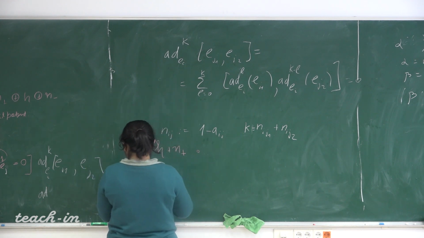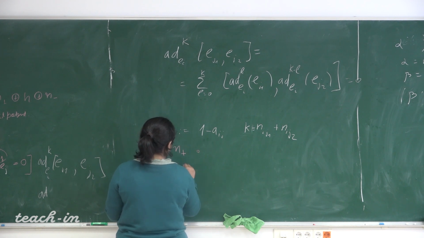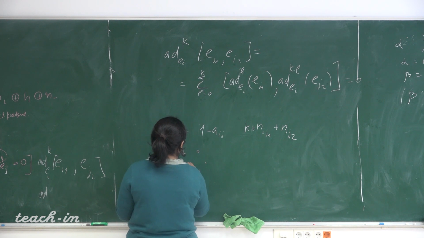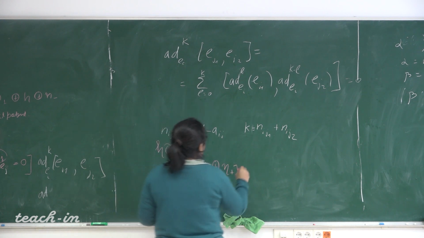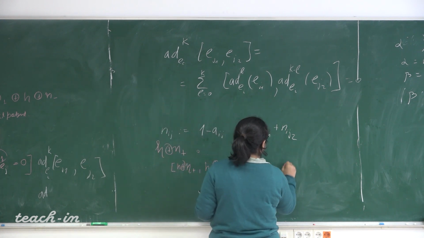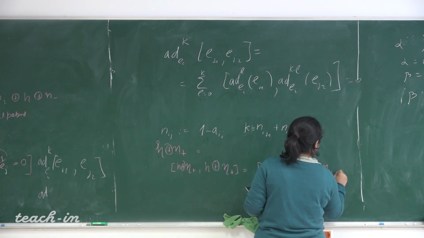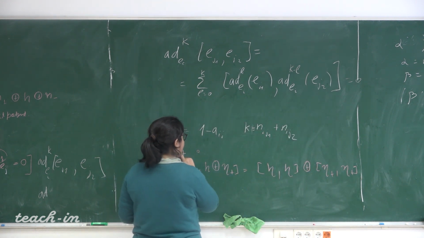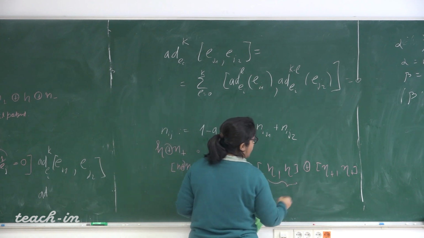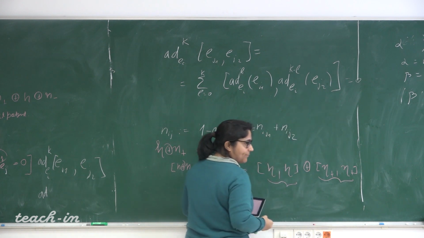For this, I can write h plus n plus. This is a direct sum actually. And again, as we know, this is 0, and so it's equivalent to this.